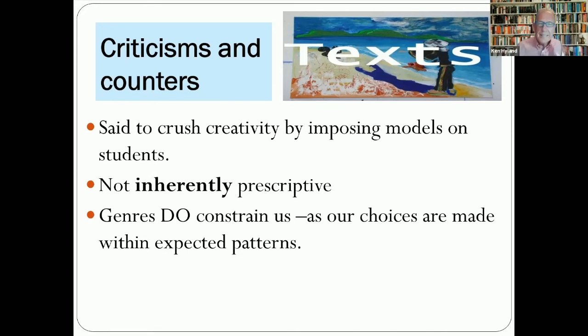The genre doesn't dictate that we write in a certain way, nor does it determine what we write. It enables choices to be made, choosing one thing over another. And this is how meanings are created. It's this difference between language choices that allow us to mean.